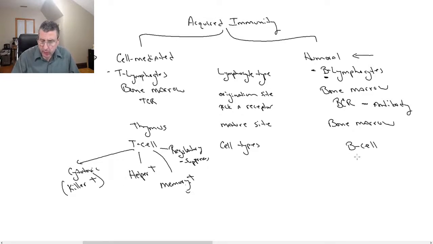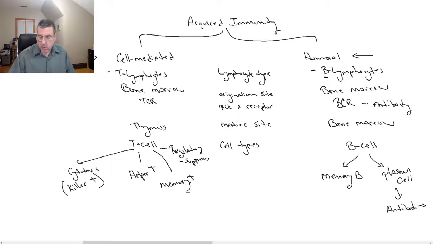B cells will go down to two different cell types. One is going to be memory, so a memory B. The other one is going to go to a plasma cell, and these will make antibodies. Both the B and T cells are the big boys.